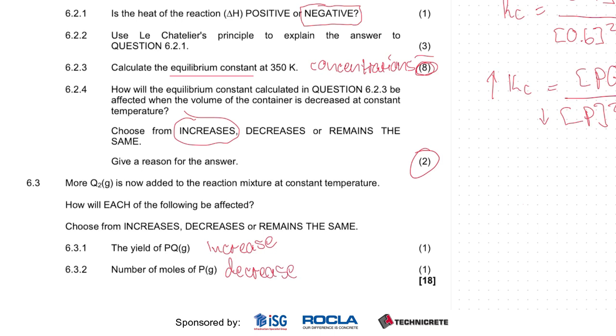Okay, I just want to come back to this question 6.2.4. Because in the memo, it says the answer actually remains the same, and this doesn't make sense to me. It says only temperature can change Kc. Temperature remains constant. So Kc remains the same.